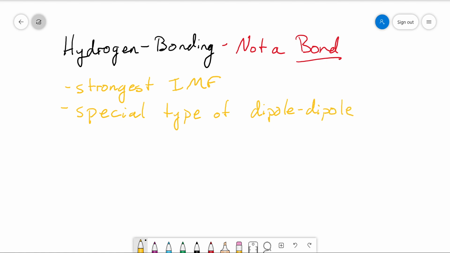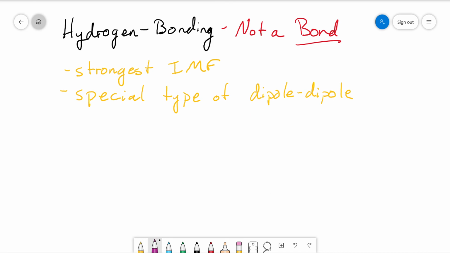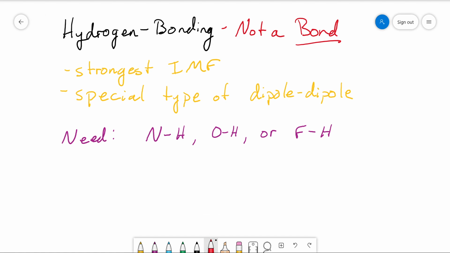And here's the key to what we need for hydrogen bonding. We need in the molecule an NH bond, an OH bond, or an FH bond. Why those three? Well, if you think about where these are on the periodic table, they're all close.